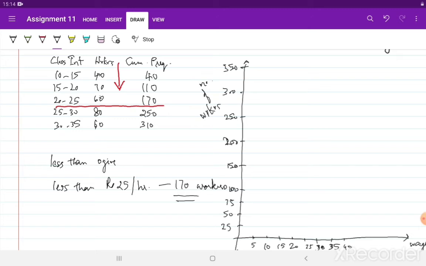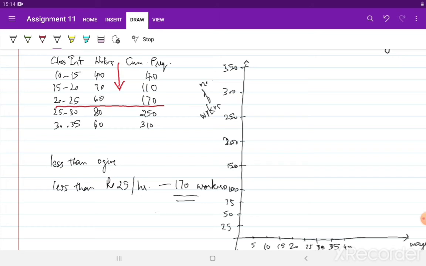So you are not required to draw the less than ogive. Under two circumstances you have to draw. The first is that it is explicitly mentioned, and second is that if, suppose for example, the minimum wages is something like rupees 27, so you cannot read the number of workers directly off the table, so construct the less than ogive.